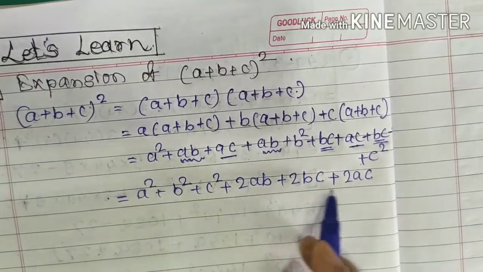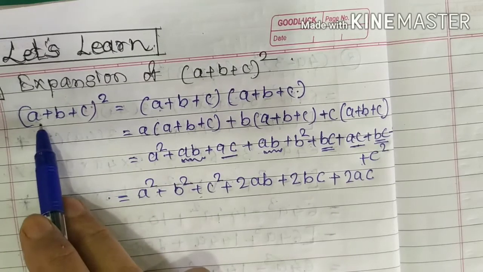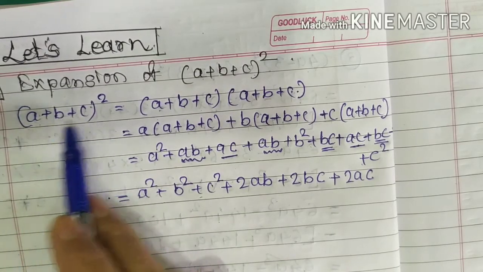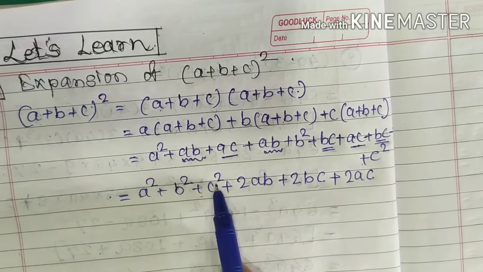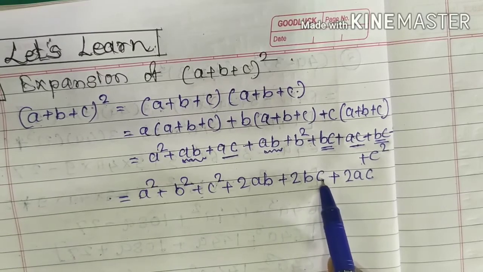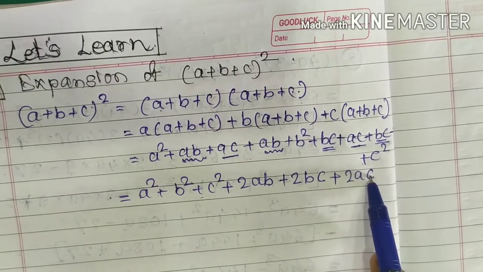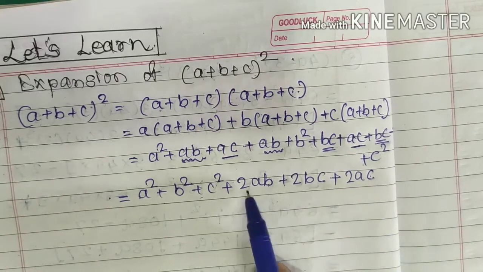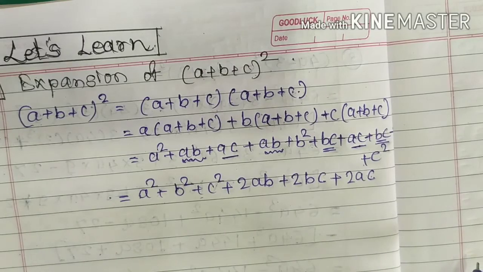So like this, we get the expansion of the formula (a + b + c) whole square, that is a square plus b square plus c square plus twice ab, twice bc and twice ca, or 2ab, 2bc, 2ac.